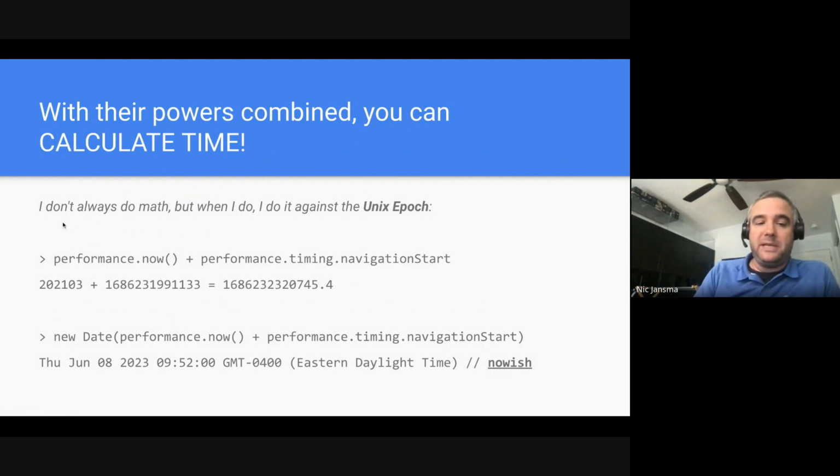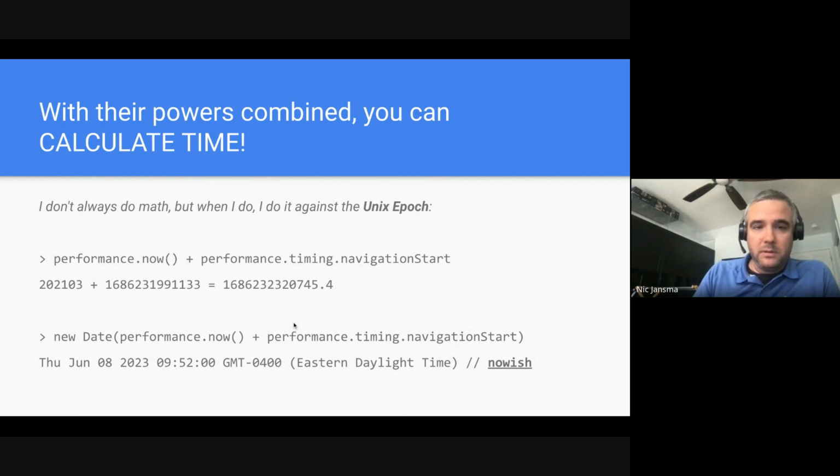The performance.now value is always increasing, the navigationStart stays the same, but if you add the two together, you get now-ish. We do this a lot for our RUM, often converting to DOMHighResTimeStamps to know what the start or end time of something was for various reasons.